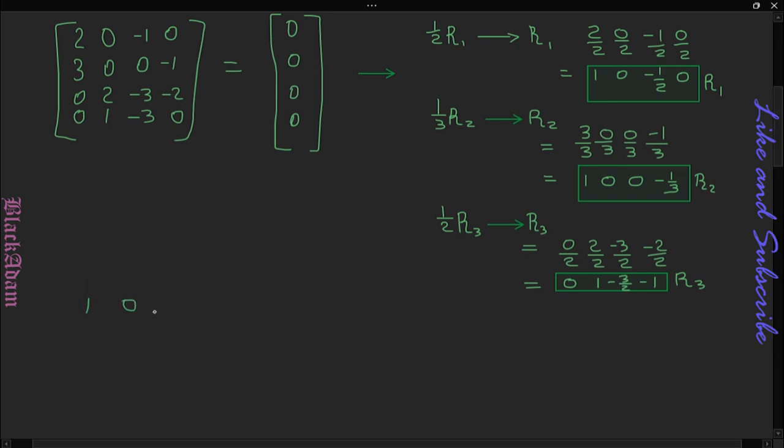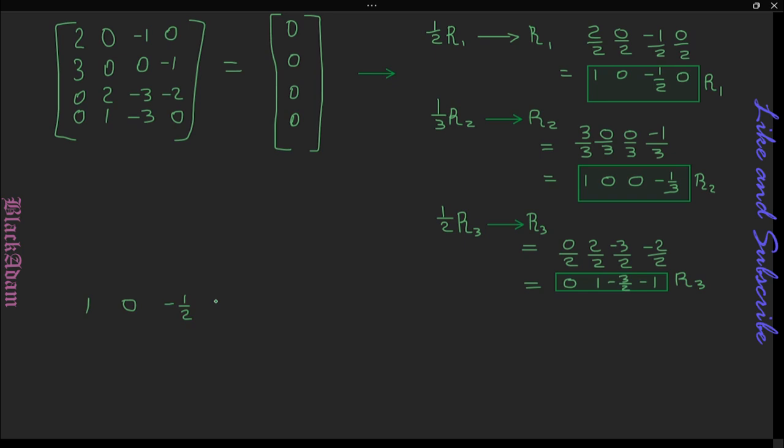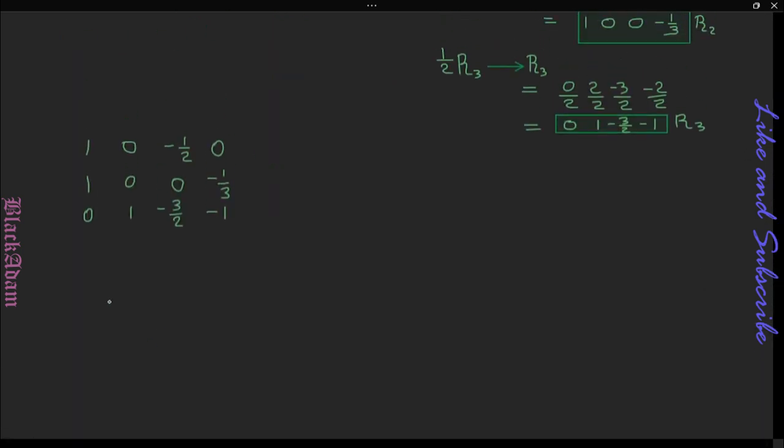So we write all the information there, which is 1, 0, negative half, 0, so that's for row 1. And then we have 1, 0, 0, negative 1/3. Okay, and then we have row 3, which is 0, 1, negative 3/2, negative 1.